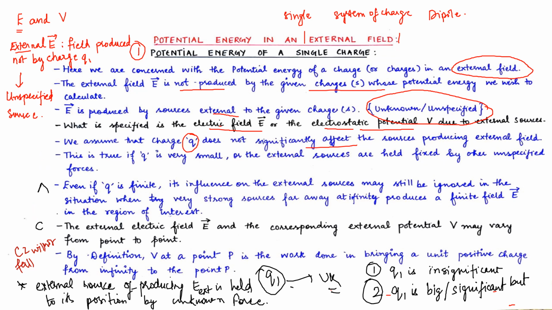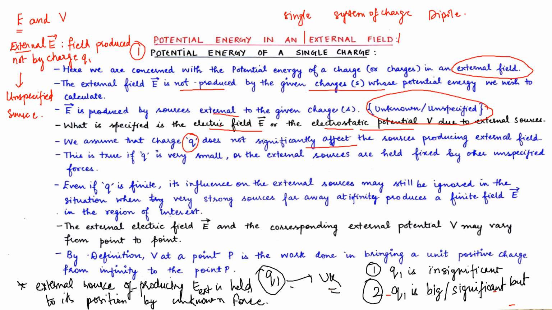So these are the two conditions for Q1 and our unknown charge which is producing the unknown external electric field. First, Q is insignificant. Q is very small. It does not have the strength to produce that much effect on the unknown charge. Secondly, Q is big and significant.